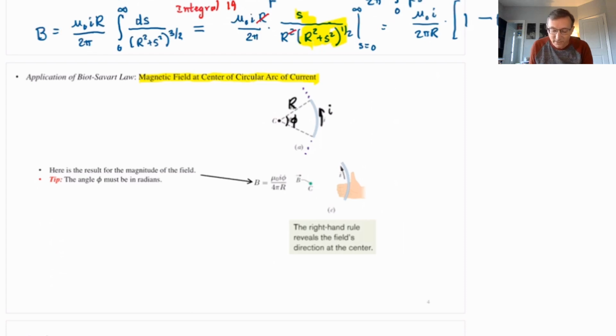Our task here with this application is to find the magnetic field, magnitude and direction, produced by the circular arc when we're going to pick one point only.